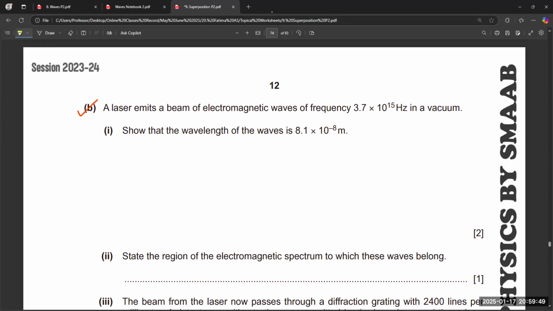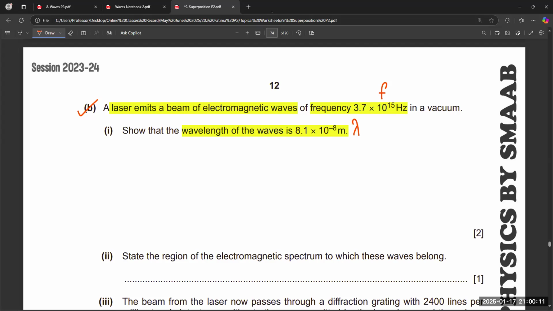Part B: a laser emits a beam of electromagnetic wave of this frequency in hertz in vacuum. Show that the wavelength of the wave is equal to this value. So the frequency is given and we need to show the wavelength is equal to this specific value.